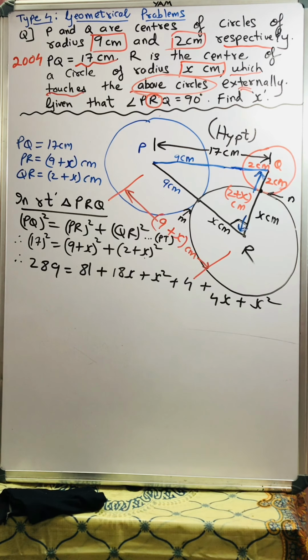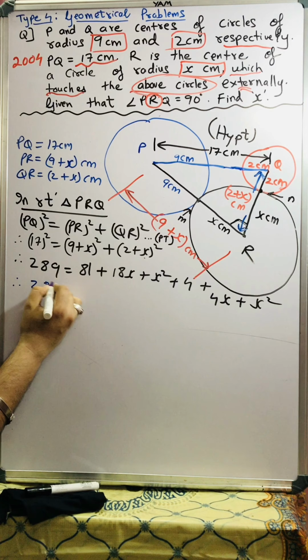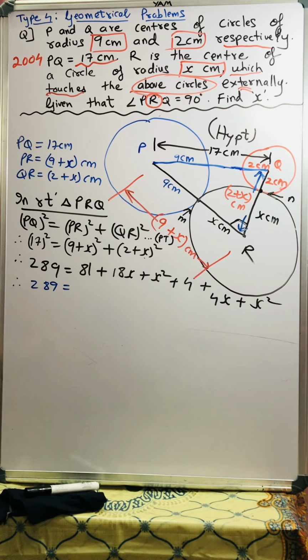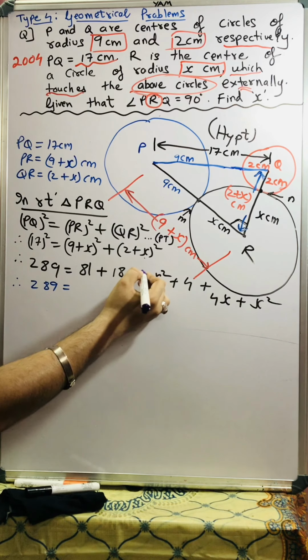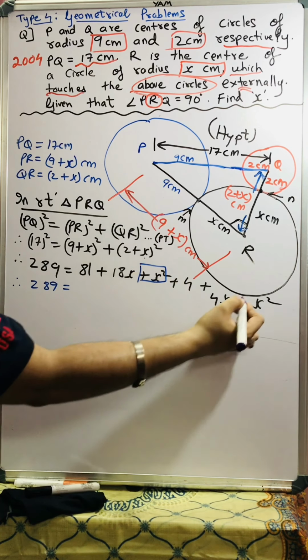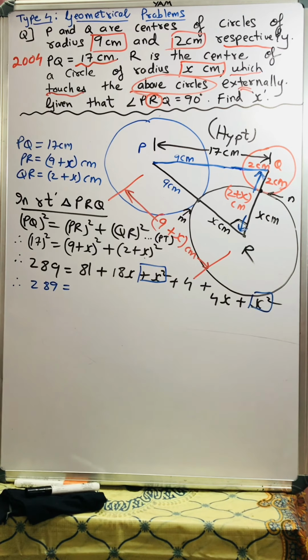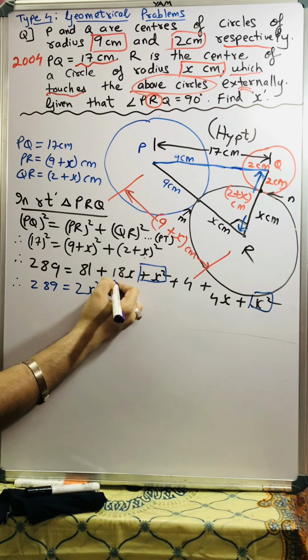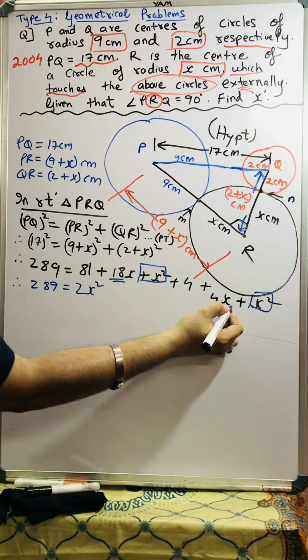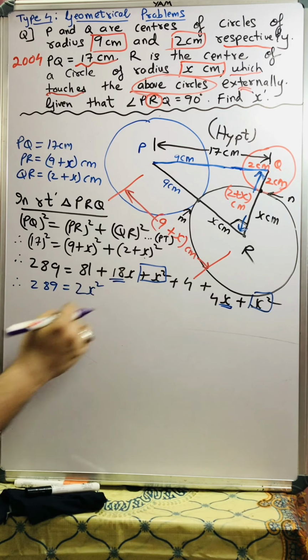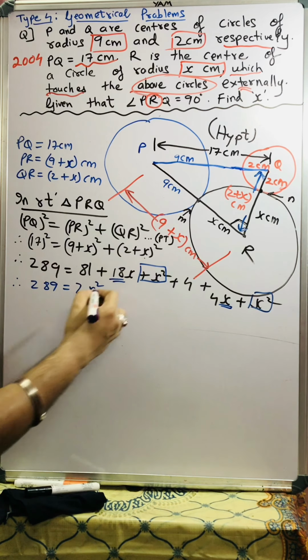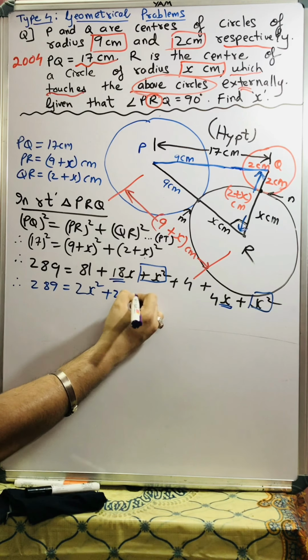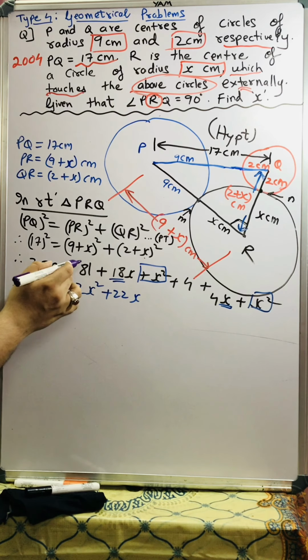Now let's evaluate it further. Therefore 289 is equal to... I have an x square term here and an x square term here, so x square plus x square becomes 2x square. I have plus 18x and plus 4x, so 18 plus 4 becomes 22x.